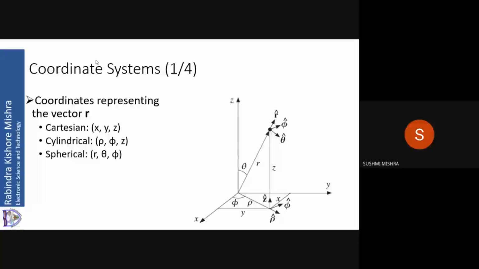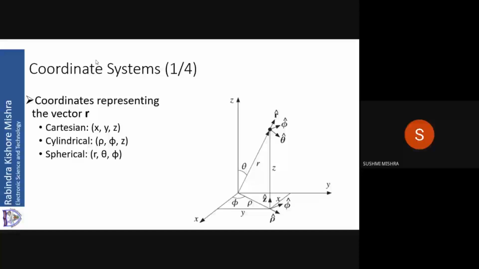In the spherical coordinate system, it will be r, theta, phi. So from this figure, you can see the positions of the vector r in the Cartesian, cylindrical, and spherical coordinate systems. This I am going to use in the next three slides.